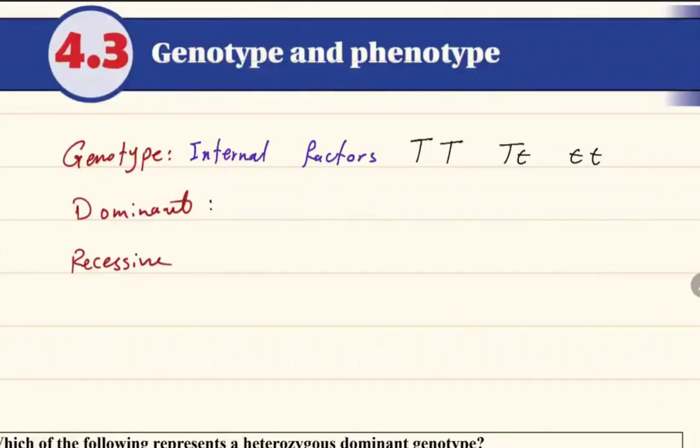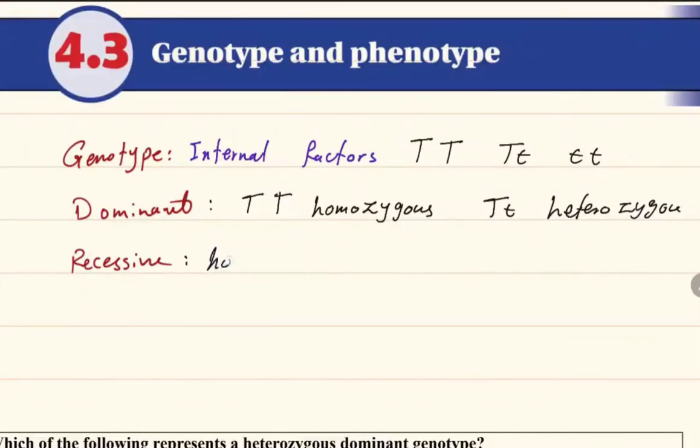The dominant is going to be T capital, T capital, which is homozygous, or T capital, T small, heterozygous. The recessive can only exist in homozygous state, which is T small, T small, R small, R small, whatever. So we have genotype, and the genotype can be dominant or recessive.